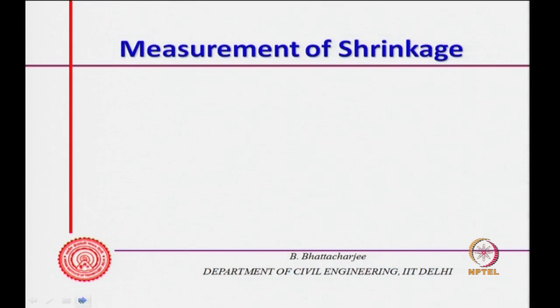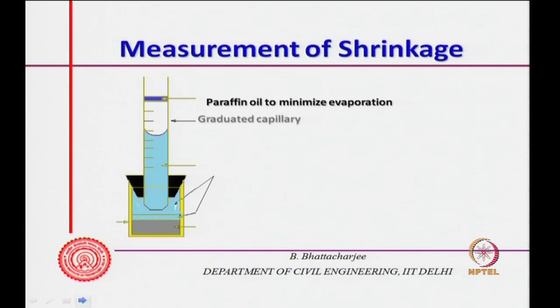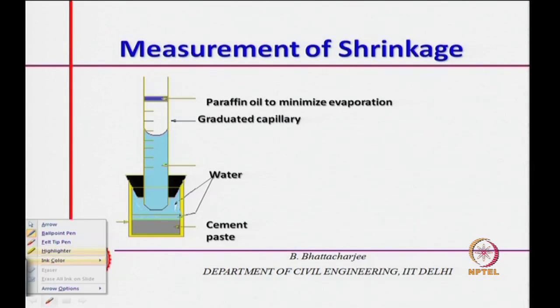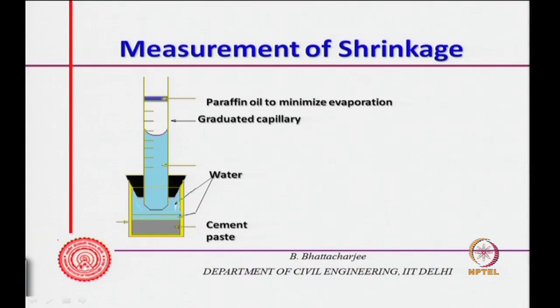Now, chemical shrinkage method, how do you measure it? Well, you measure it like this: you have cement paste here, and then you fill it with water, and there is a graduated capillary, and you put in excess water just after mixing.